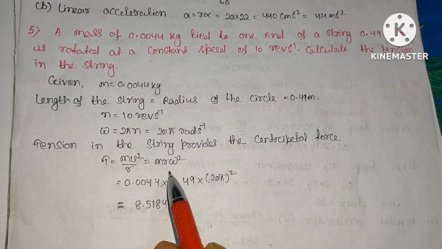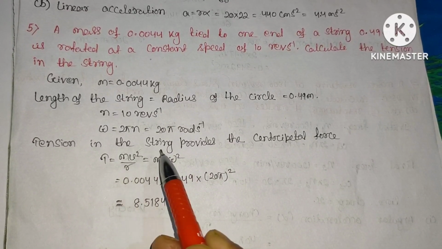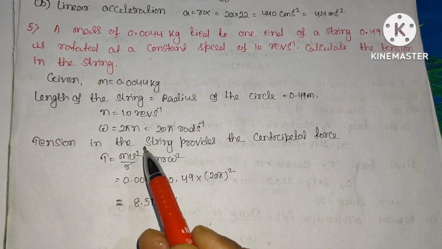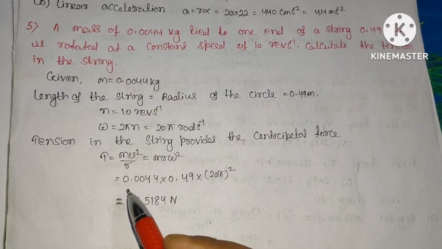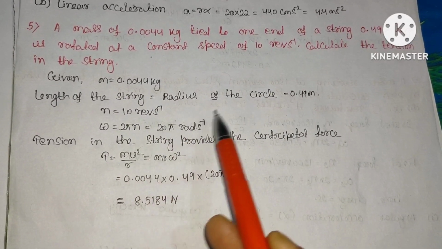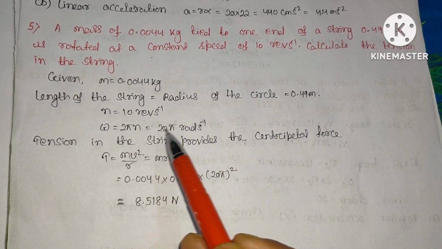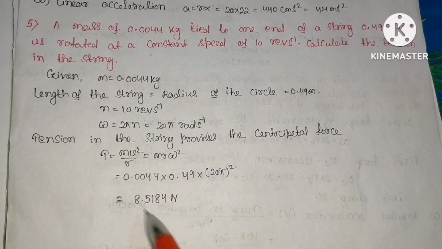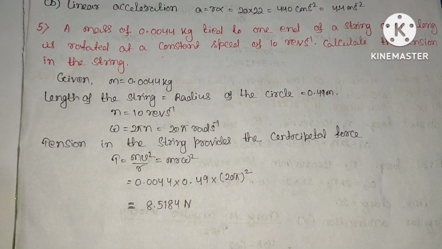As you know, v equal to r omega, so it becomes m r square omega square by r. R gets cancelled, so this will become m r omega square. m is this much, r is given as 0.49 meter, and omega we have calculated as 20 pi. So the final answer is this much. I hope this is clear.